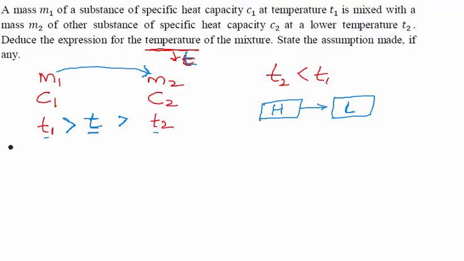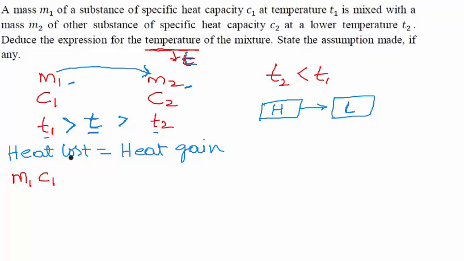From the law of conservation of energy, we know that heat lost is equal to heat gained. So who is losing heat and who is gaining? M1 is losing heat and M2 is gaining heat. How will we calculate heat lost? Simple: M1 C1 into change in temperature. What is the change in temperature?